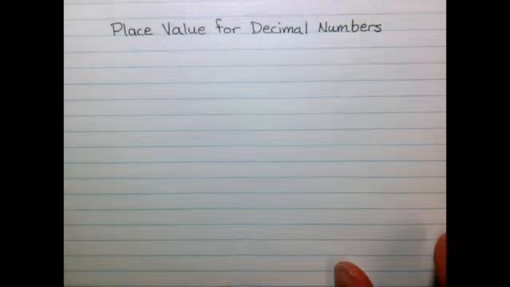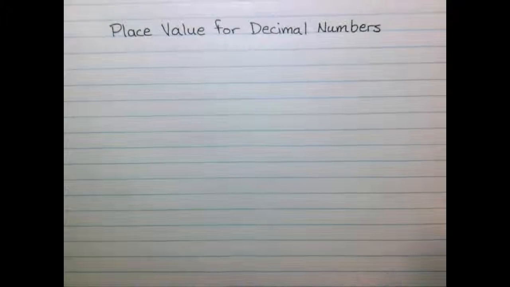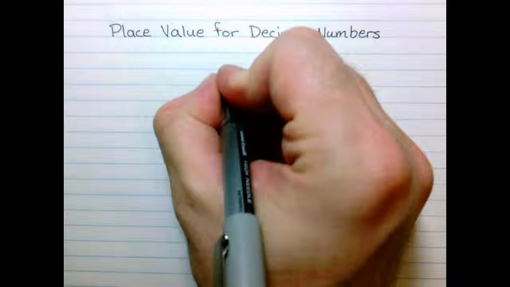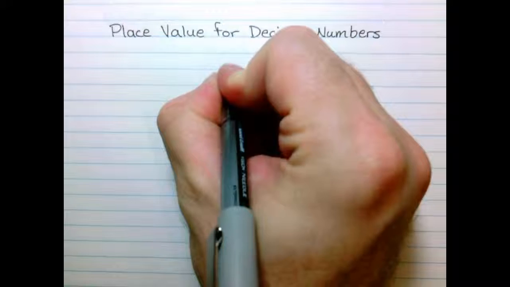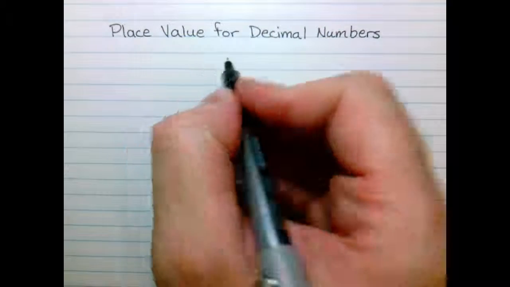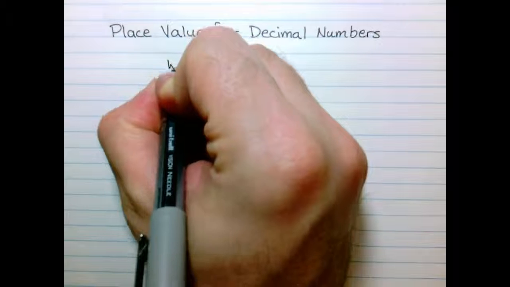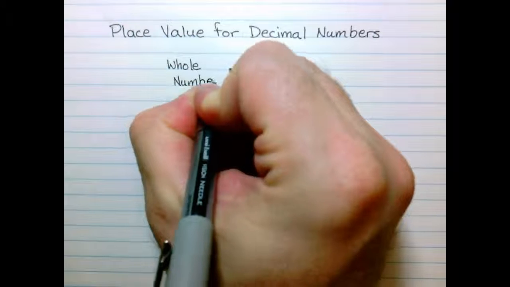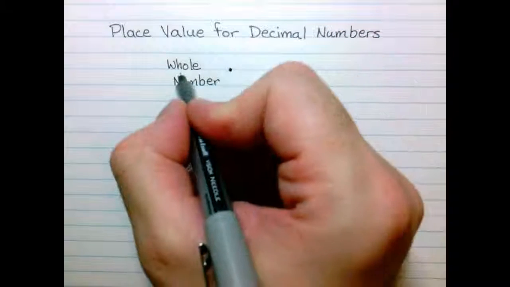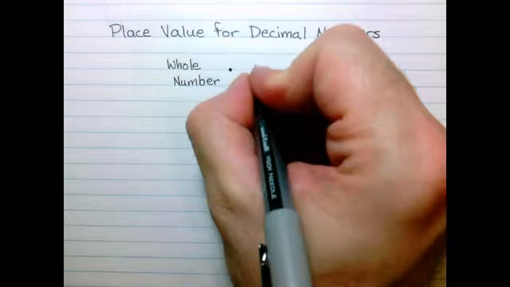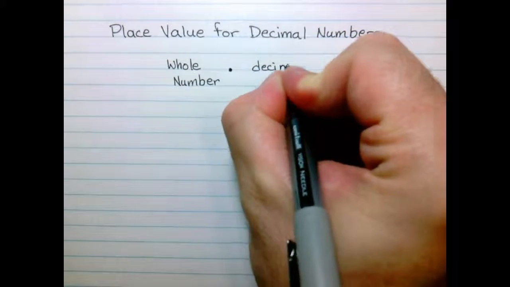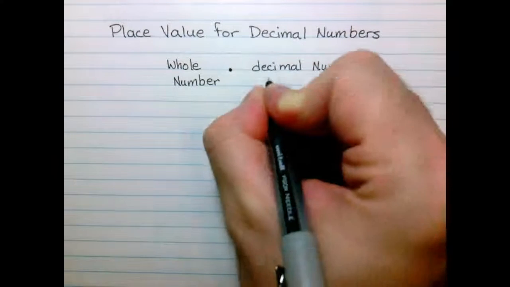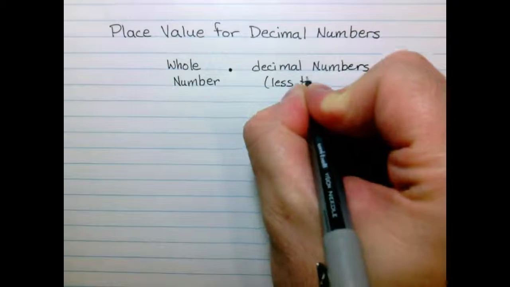A decimal is a dot, or as I was saying earlier, in some countries a comma, that we use to separate whole numbers from decimal numbers. So a dot is written, and anything to the left is a whole number. Anything to the right, you have your decimal numbers, and these numbers are less than 1. So they're less than a whole.